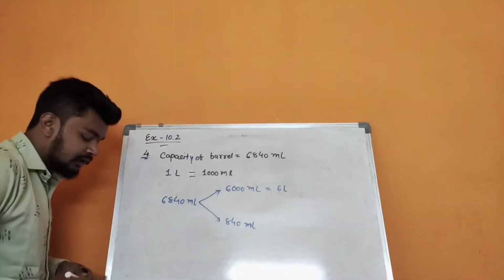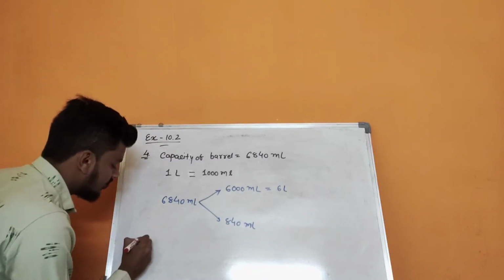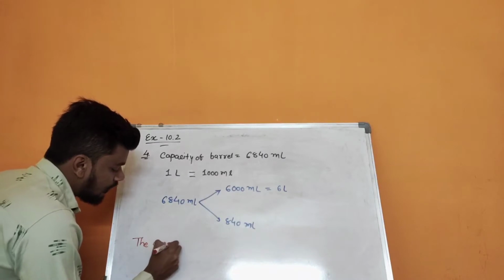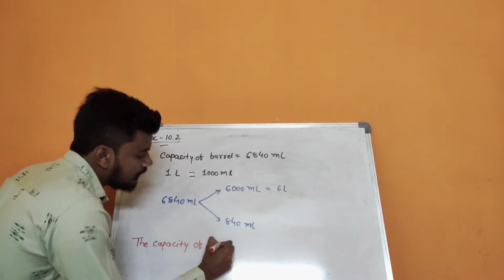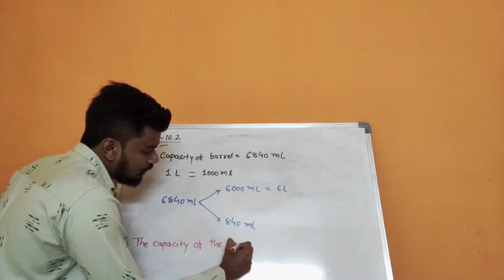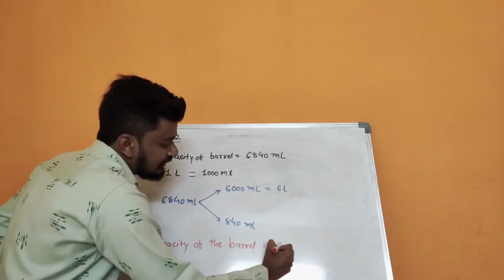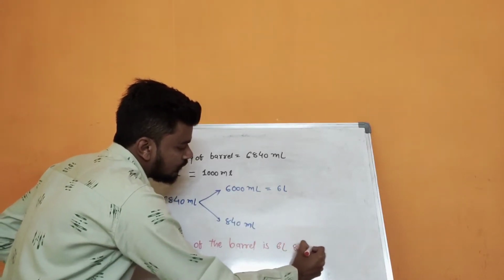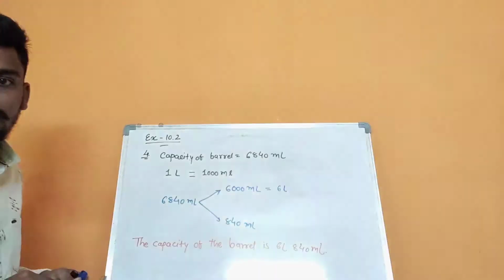So at last we can write the answer: the capacity of the barrel is 6 liter and 840 milliliter. Okay, that's it.